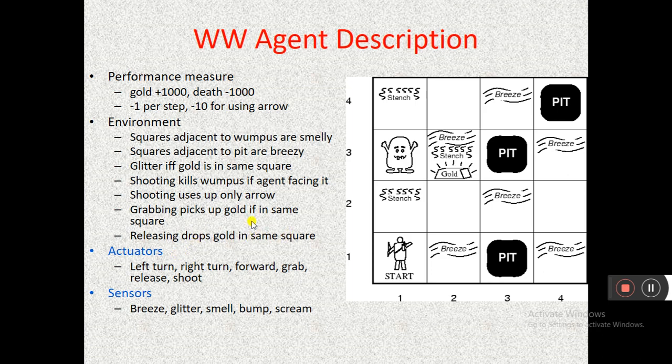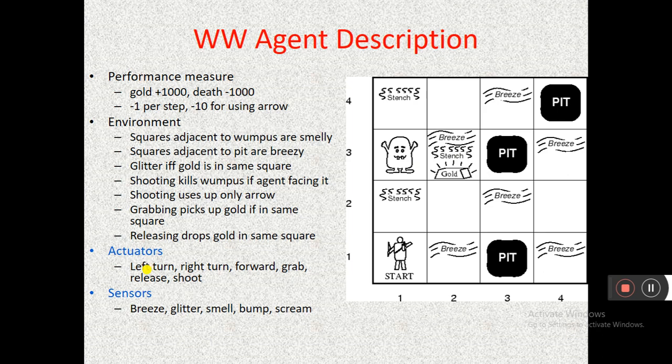So this is the total environment, and this is a controlled, fully observable environment, as we discussed in our last lecture. What is fully observable? A fully observable environment is one where you have predefined rules for any game or any problem. So what would be the different actuators?